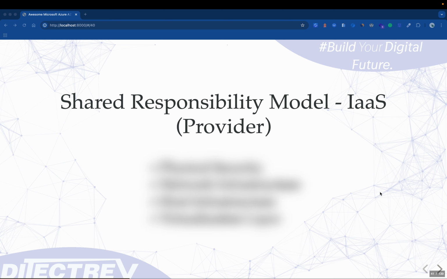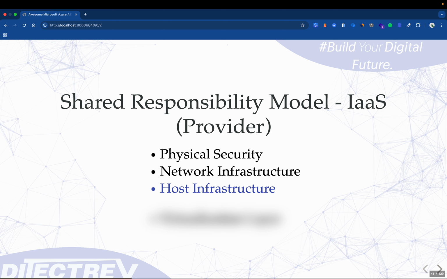In infrastructure as a service, the provider, Microsoft Azure, would be taking care of factors like physical security, of course, network infrastructure, but also host infrastructure and the virtualization layer.